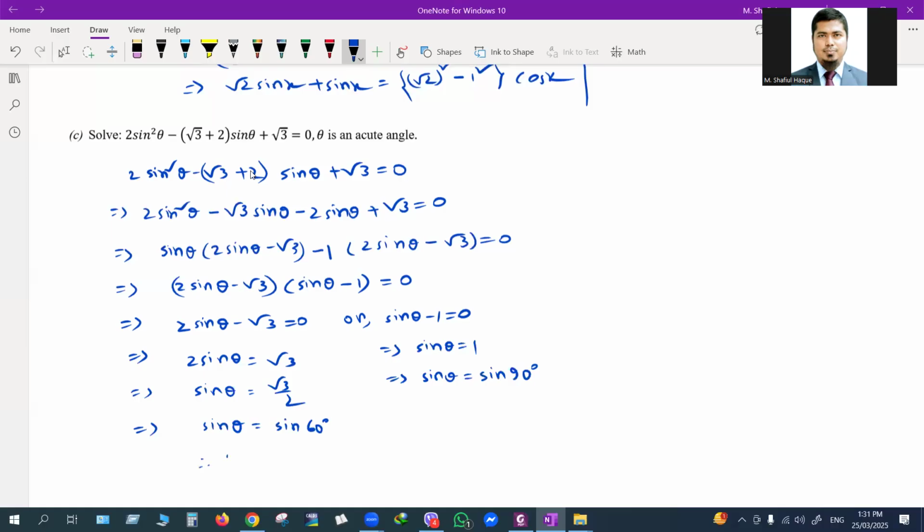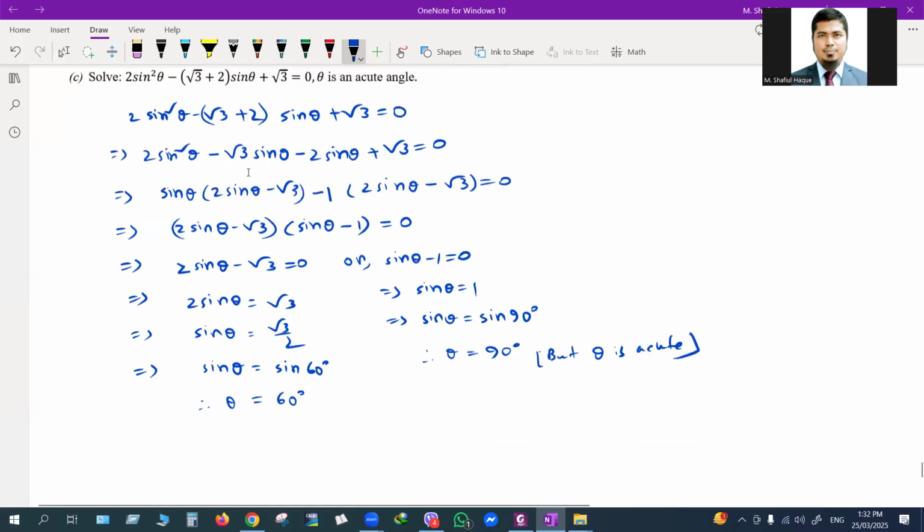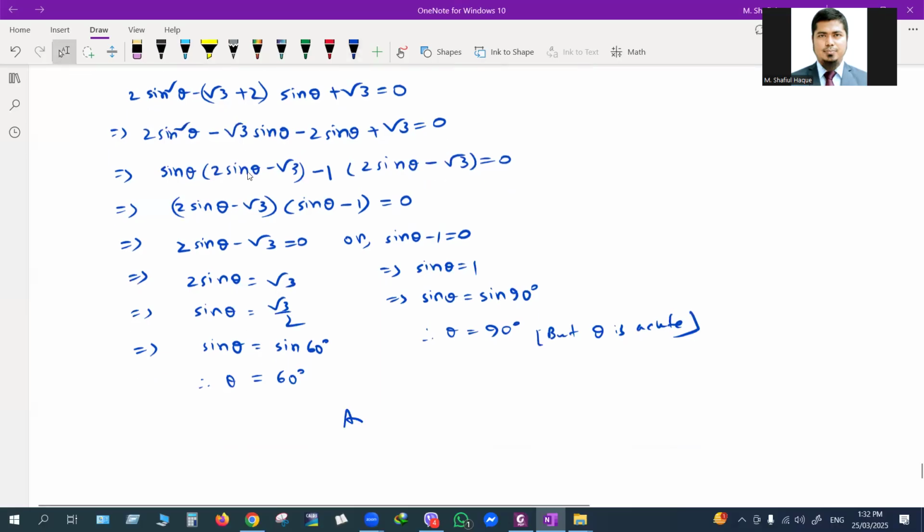Therefore, theta is equal to 60 degree. And here theta is equal to 90 degree, but theta is an acute angle, so we cannot take 90 degree. So the only answer is theta is equal to 60 degree. This is the only answer. Okay.